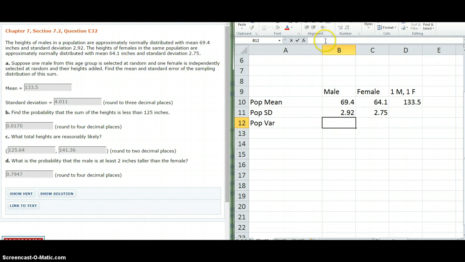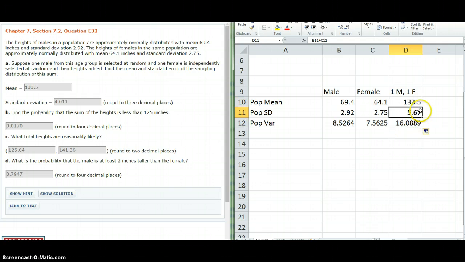So let's take advantage of that, and we're just going to take this caret 2, and that'll give us the variance for the population of each of these groups. And now we can get the overall variance adding these together.